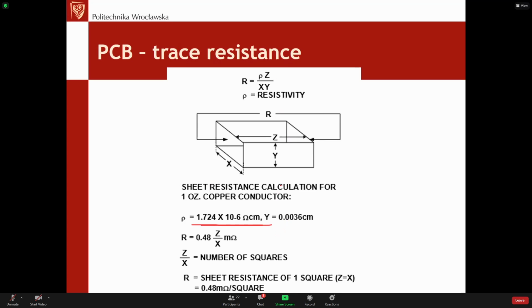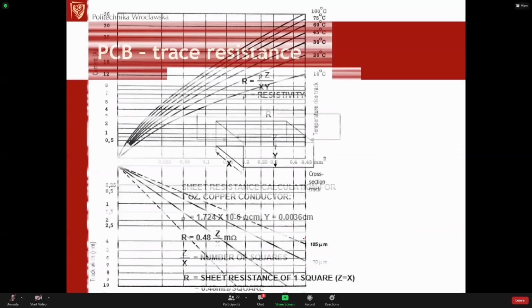For a height of 35 microns, it's one ounce of copper, the standard size. So for the standard 35 micrometer copper track, we have this resistance.